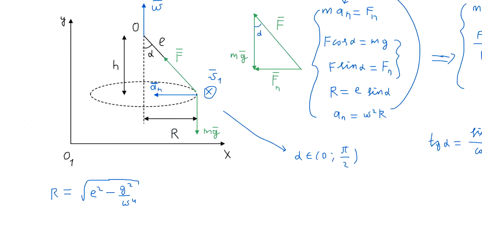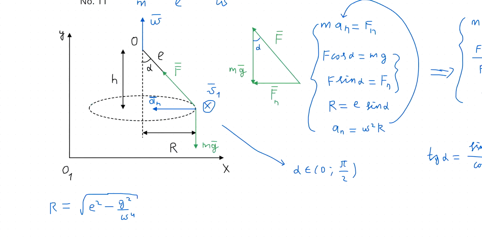From the right triangle we have this, and we now have this. If we have two sides of the right triangle, we can use the Pythagorean theorem.